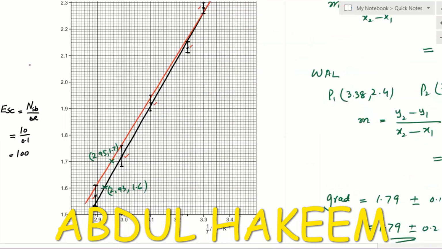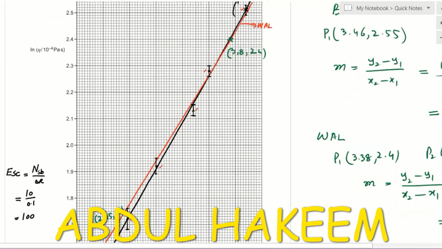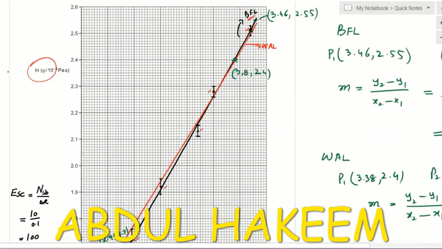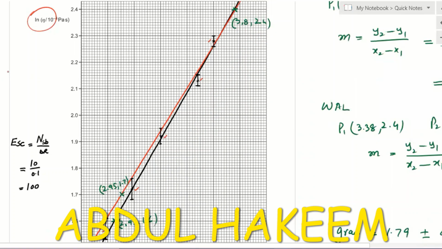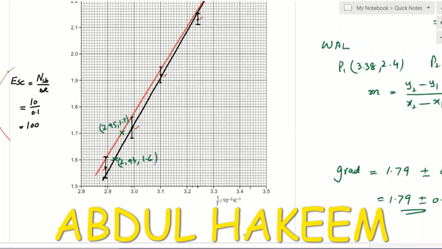Scale is already written there. Now we have to draw the error bars, meaning we have to plot the errors. Before plotting the error, decide which axis has error. So look, L and eta have error, have uncertainty, meaning the vertical axis has uncertainty, then we will calculate this quantity for that axis.